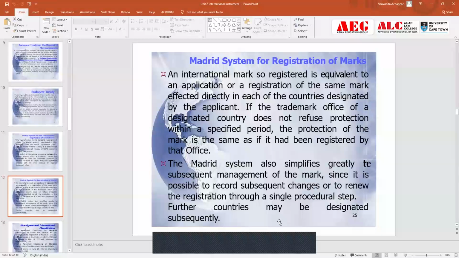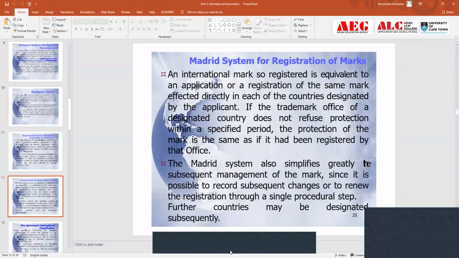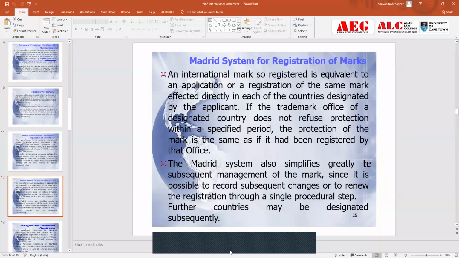Further, it also simplifies the management of the mark to a greater extent, since it is possible to record subsequent changes. So it is very important that the concept of this be designated subsequently.